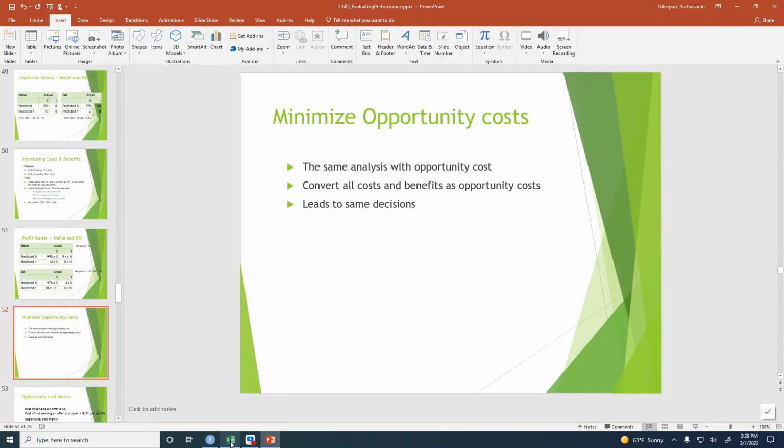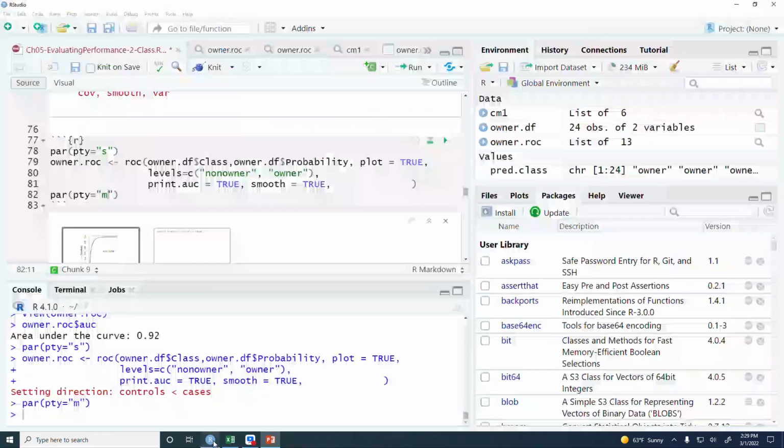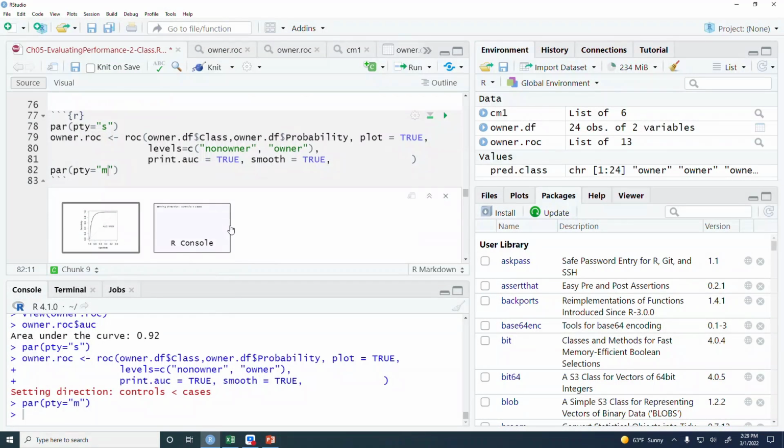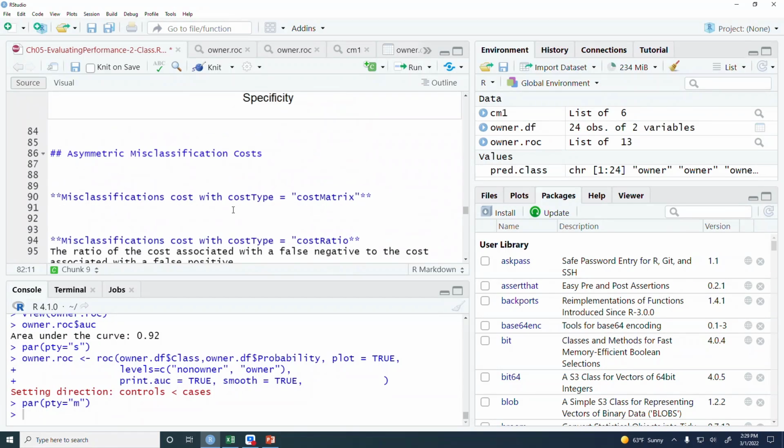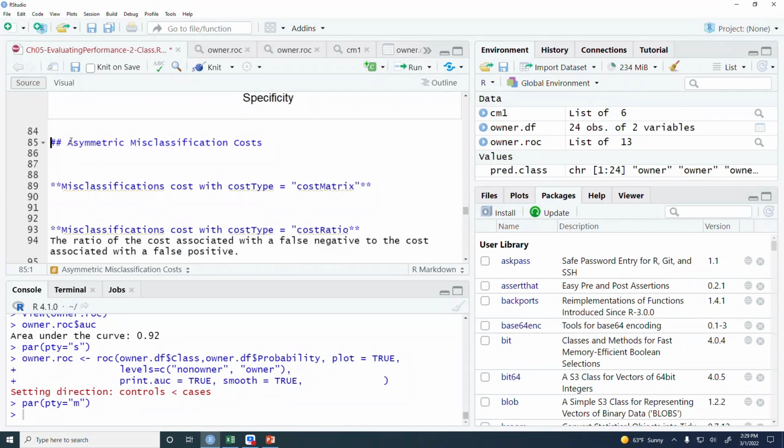Okay, so let's look at how to do that in R. Asymmetric misclassification cost. That's what this is.